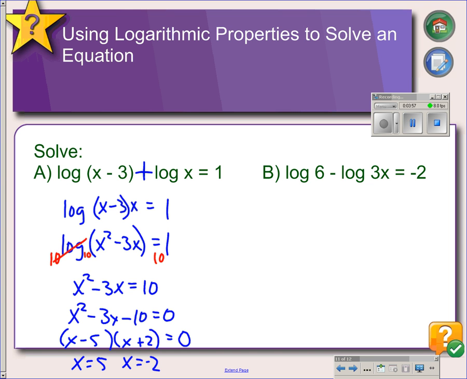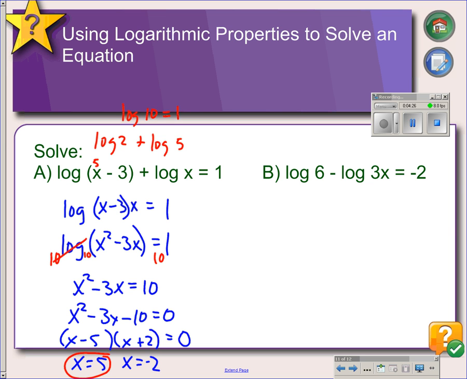Now, especially since we have two solutions, we need to check them because it's likely that one of them will not work. If we put a 5 in here, we get 5 minus 3 is 2. So that gives us log of 2 plus log of 5. Condensing the log, that would give us log of 2 times 5 is 10, and we know the log of 10 is 1.